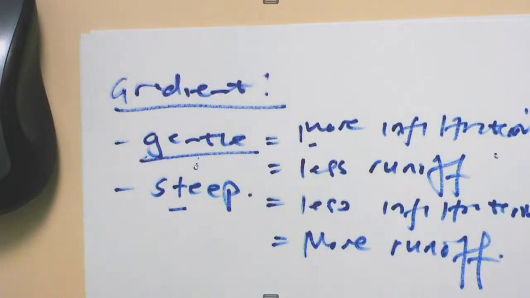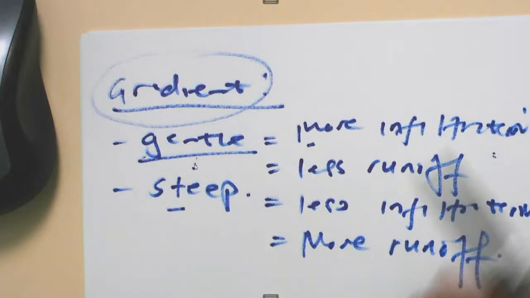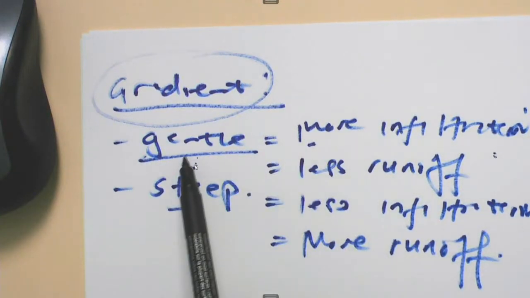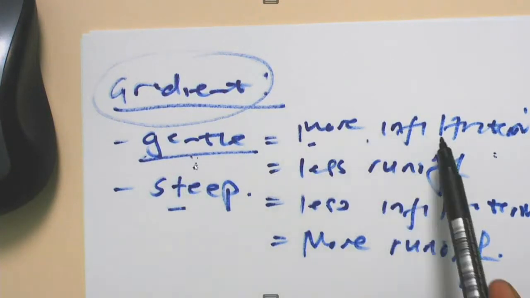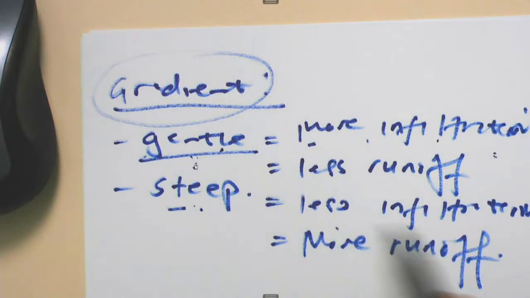So if you look at this example of a gradient, we are saying if the gradient is gentle, there will be more infiltration, and if the gradient is steep, there will be less infiltration. So what will happen to drainage density?